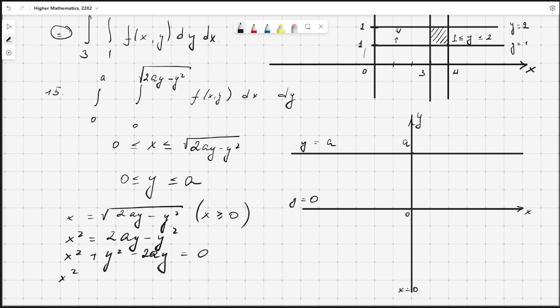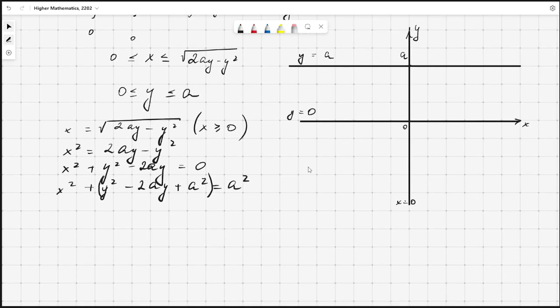Then x squared plus y squared minus 2ay plus a squared equals a squared. And this expression is a full square, or y minus a squared. This is a secondary school formula.